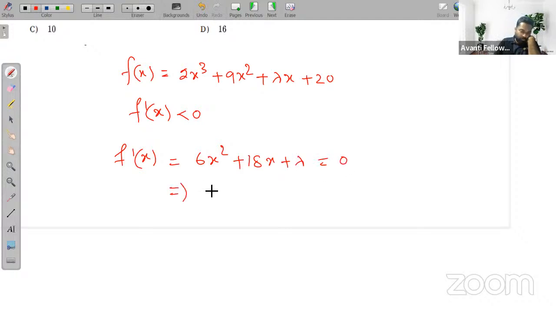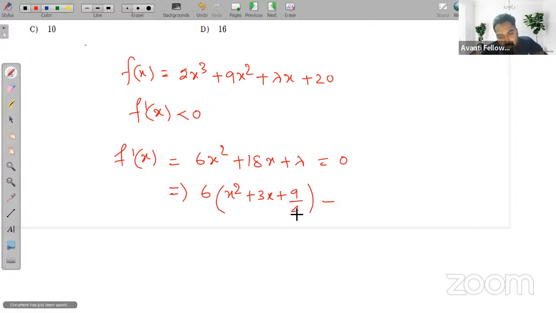If we try to make it a perfect square, then x^2 + 3x + 9/4, that is 2 into 3/2, 3^2/2^2.